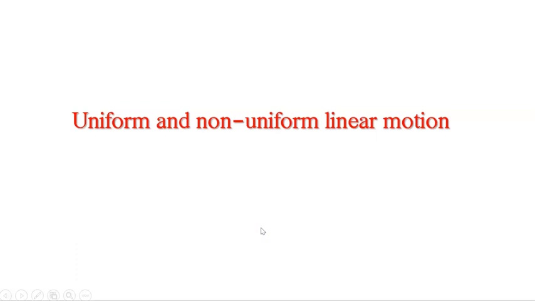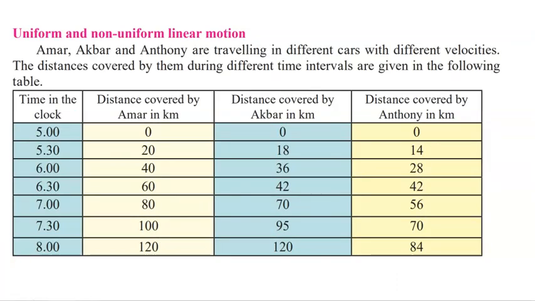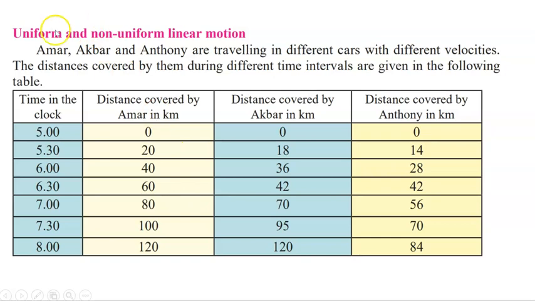Now the next, uniform and non-uniform linear motion. Amar, Akbar and Anthony are traveling in different cars with different velocities.